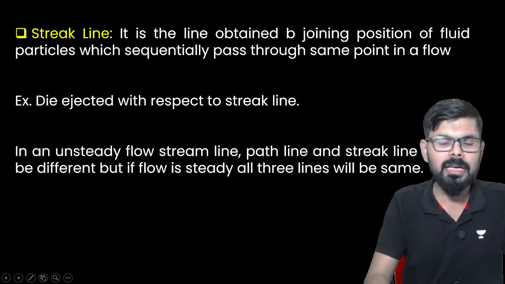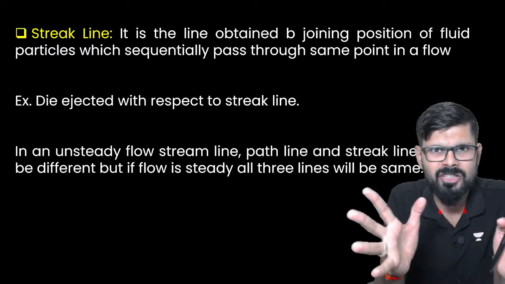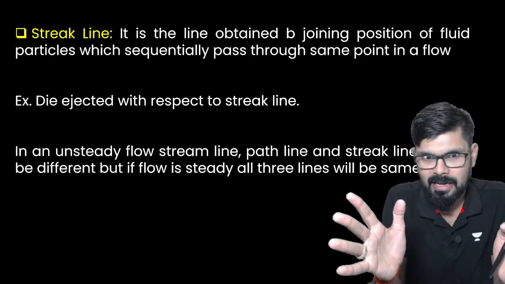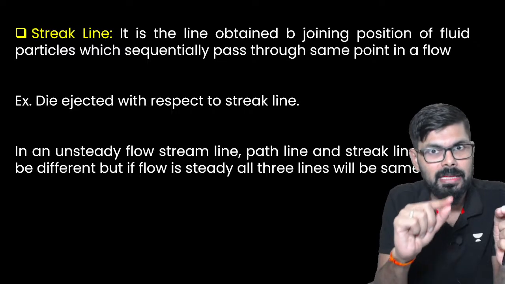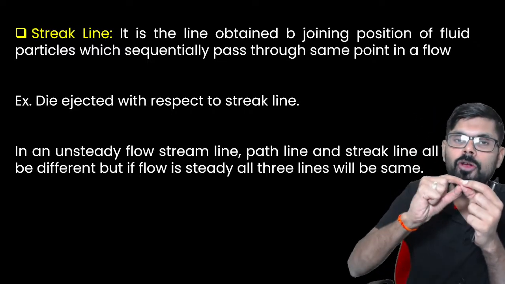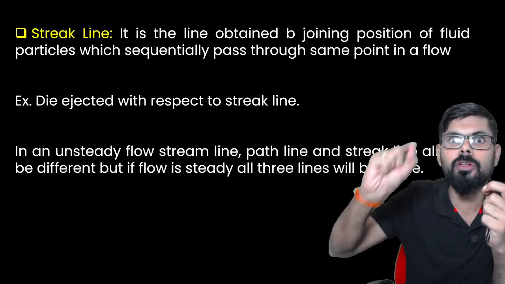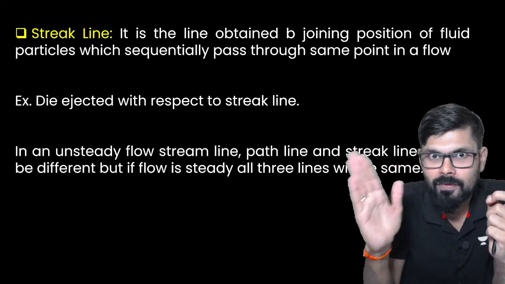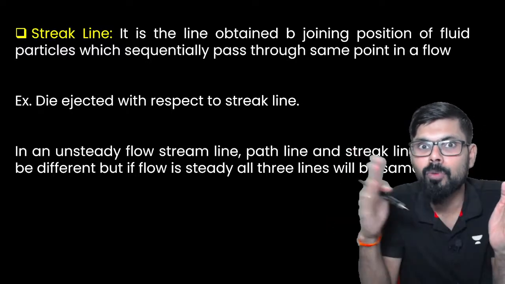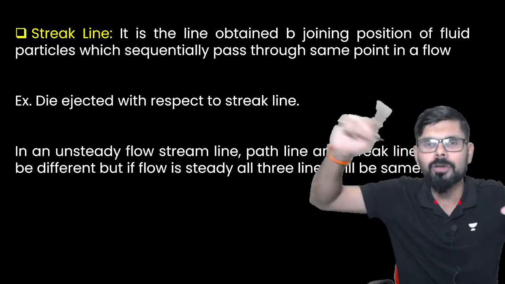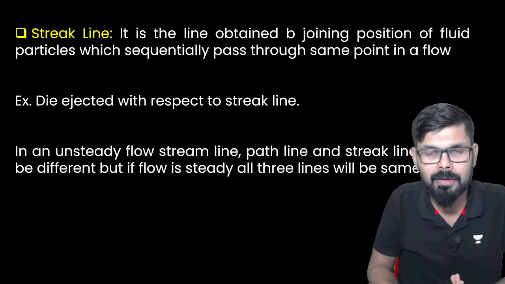So we already saw what a streamline is. A streamline is an imaginary instantaneous line. It is drawn in such a way that if you draw the tangent at any point, the tangent gives you the direction of the flow. So it is not going to connect the same point, because we are taking an instantaneous snapshot, so there will be a number of molecules, I can say a number of particles.